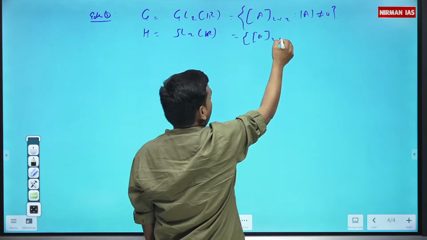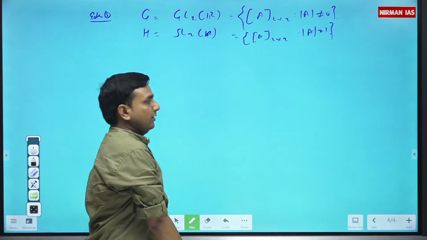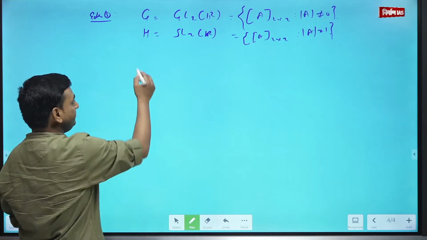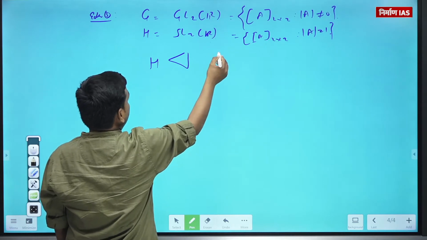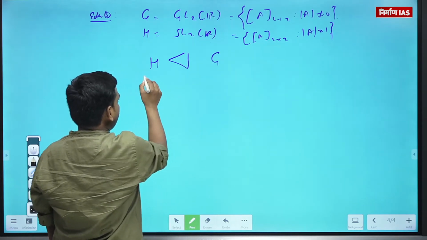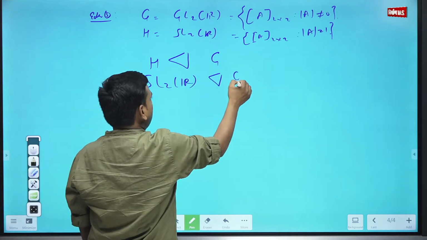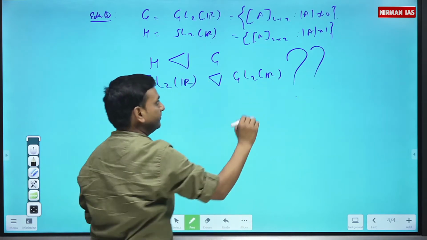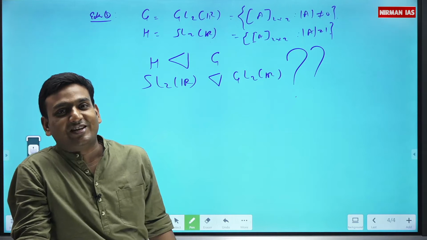The collection of all 2x2 matrices with determinant value 1. Okay. I want to check whether H is a normal subgroup of G. You can say, is SL2(R) a normal subgroup of GL2(R) or not? This is our question. Check it out.